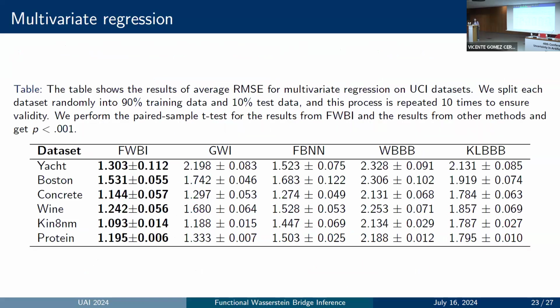And we also evaluate FWBI for the multivariate regression tasks on 6 UCI data sets. And we show the average results of RMSE. We can see that our FWBI significantly outperforms all other parameter space and function space variational inference methods.